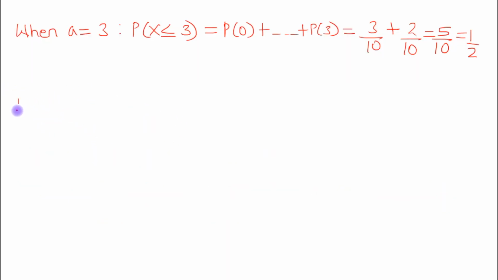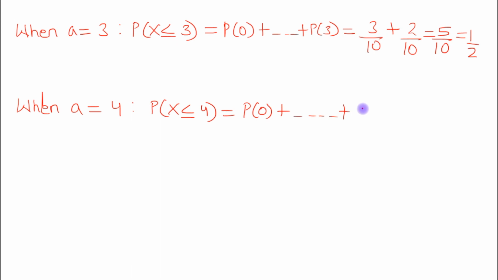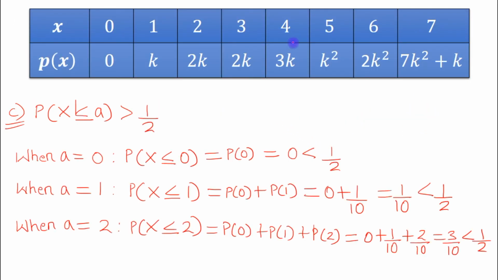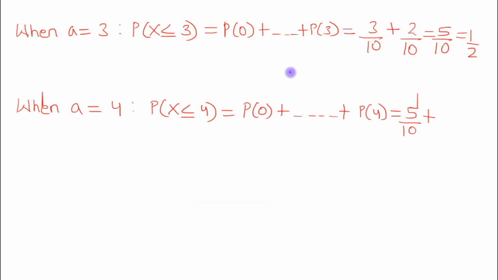Now we will take when a equals 4, p(x) less than or equal to 4, which is equal to p0 plus till p4, which will be equal to 5 by 10 plus p4, which is 3k, that means 3 by 10, and this is equal to 8 by 10.